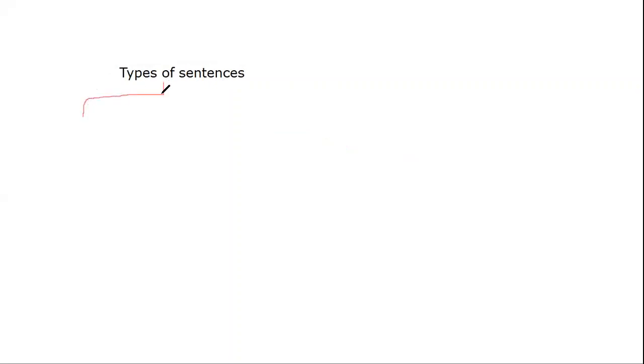There are two ways. In fact, we study a sentence according to meaning and according to structure. Now we divide sentences into different types on the basis of two criteria.